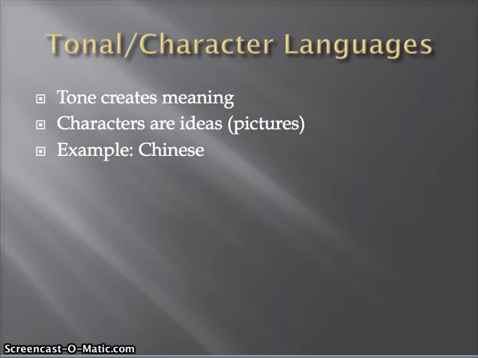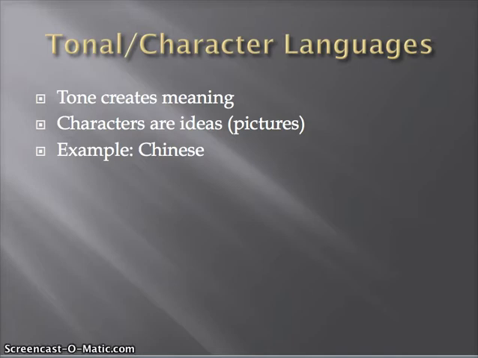So you could say the same word, like ma, for instance, and depending how you say it, if your voice goes up at the end, if your voice goes down at the end, if your voice goes down and then up, you've changed the meaning of the word dramatically from mother to horse. So you really need to be aware of the subtleties of the differences in tone with tonal languages, and that's why they can be so difficult to learn.